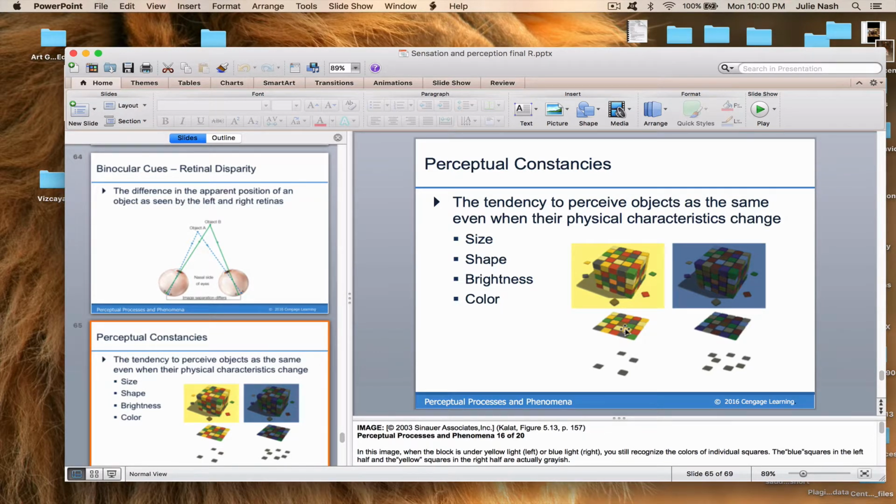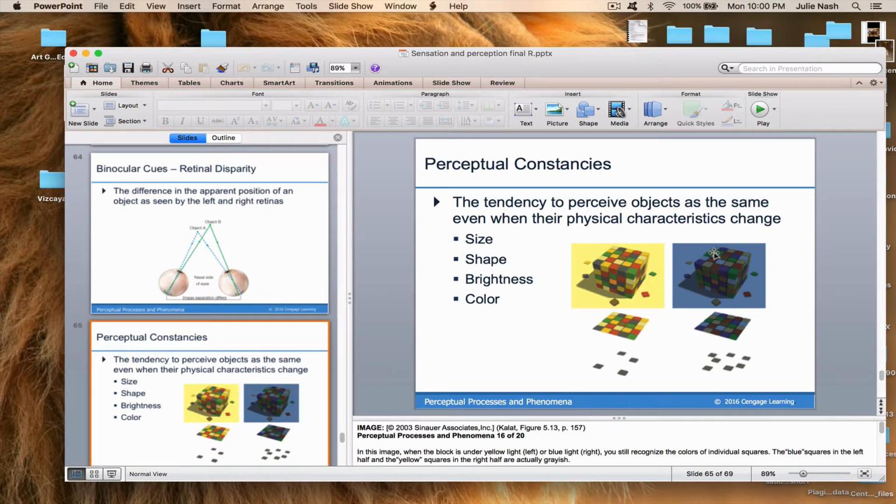Then if you pull it out of the yellow, here's the actual color, and when you pull it out here, it's gray. Now, take this same box and put the lens of blue over it, okay? I still perceive this as blue. And then when I pull it out of here, the actual color is gray. In both pictures, I'm sorry.